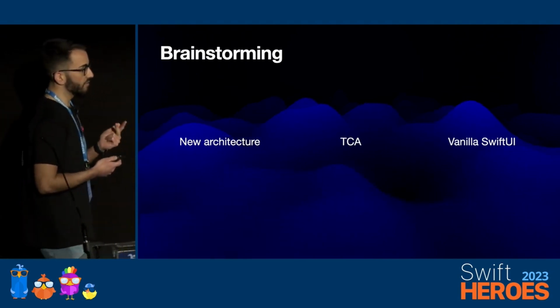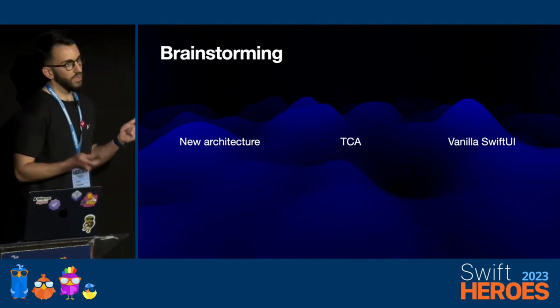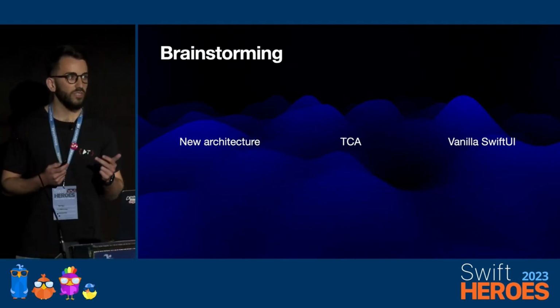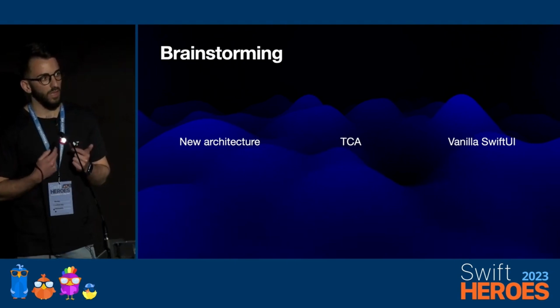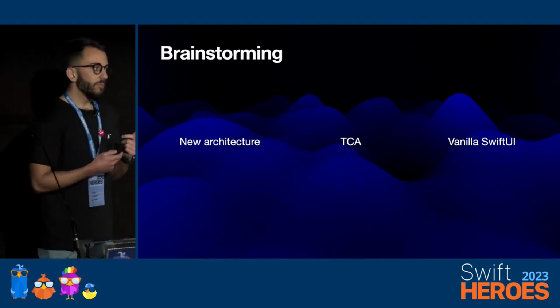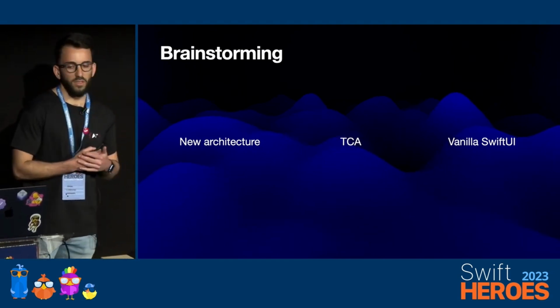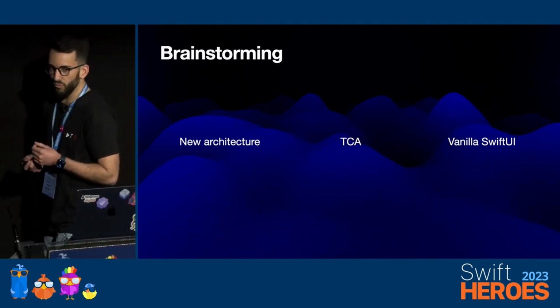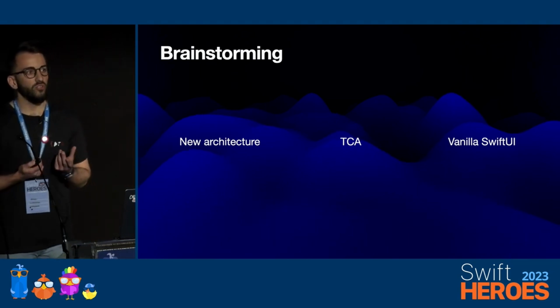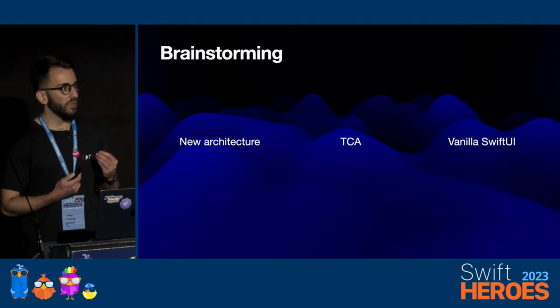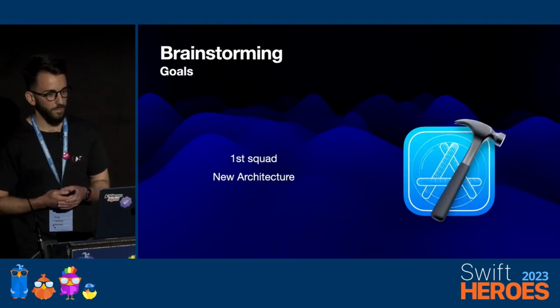And the third squad explored using vanilla SwiftUI to see if it could meet our needs. By splitting the team into these 3 groups, we were able to explore different solutions simultaneously and find the best path forward for our project.